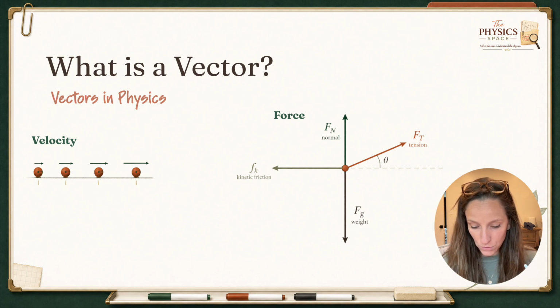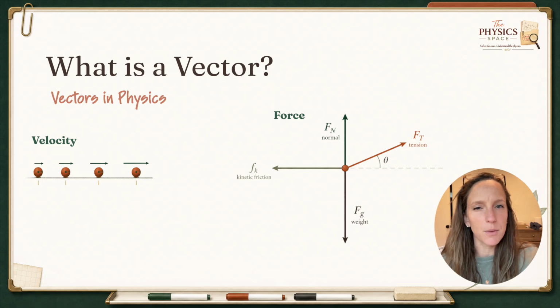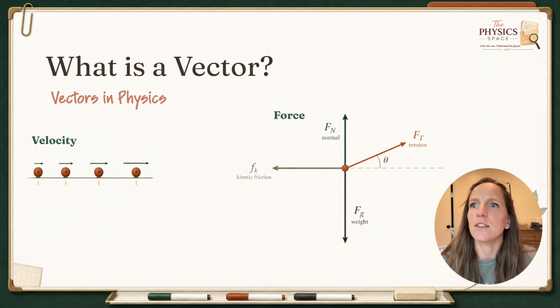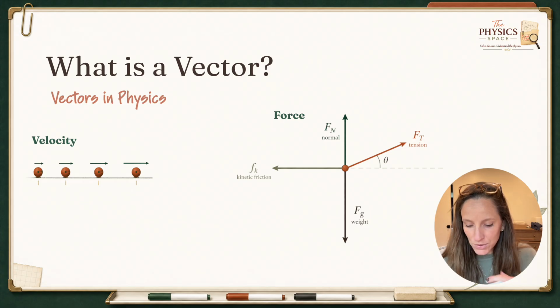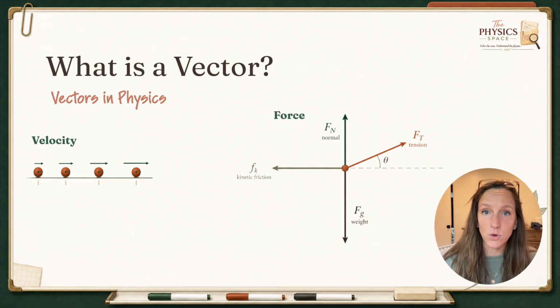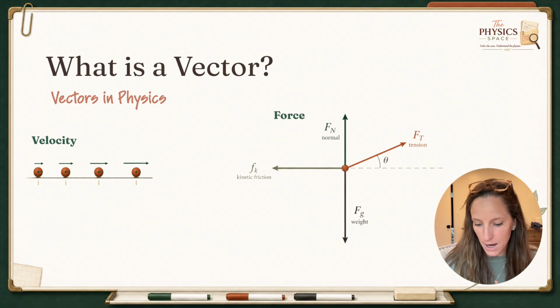Okay, so some examples of vector quantities in physics. I'm going to mention just a couple of these that you're likely to see at the beginning of the year, and one example would be velocity. In this diagram on the left, you see what we call in physics a motion diagram, which is something we use to qualitatively describe an object's motion over time.